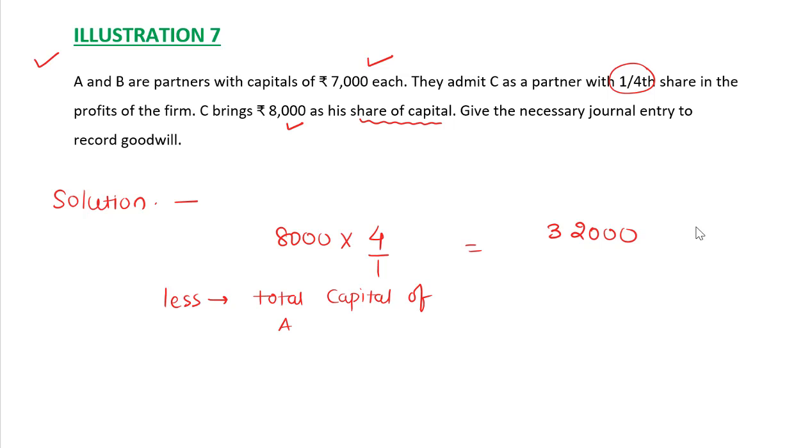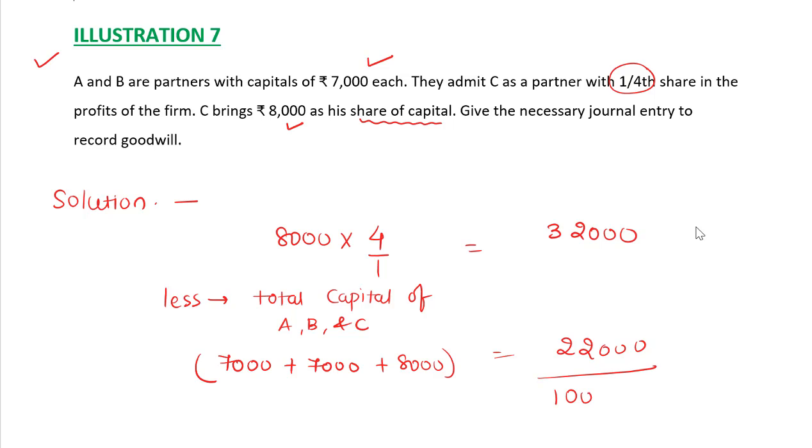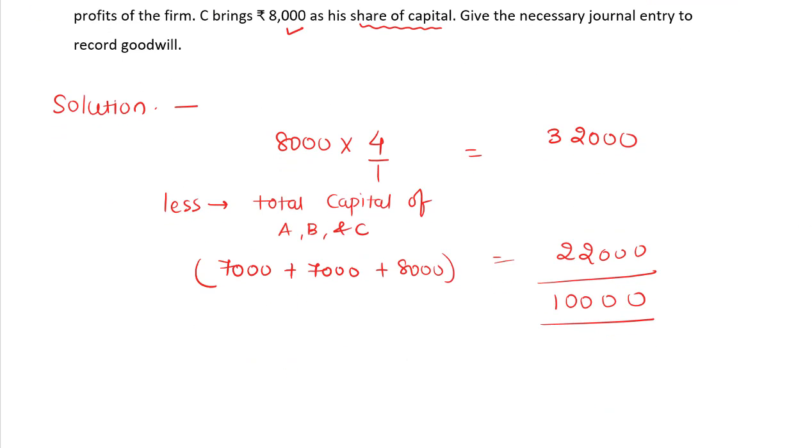Total capital of A, B and C: A and B it is 7000 and 7000 each, and C it is 8000. So total it is 22,000. That means it is 10,000 extra. This is goodwill. This is the value of goodwill.